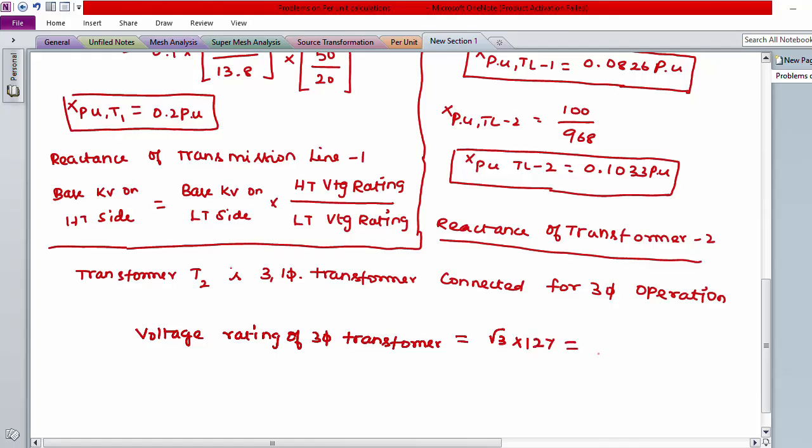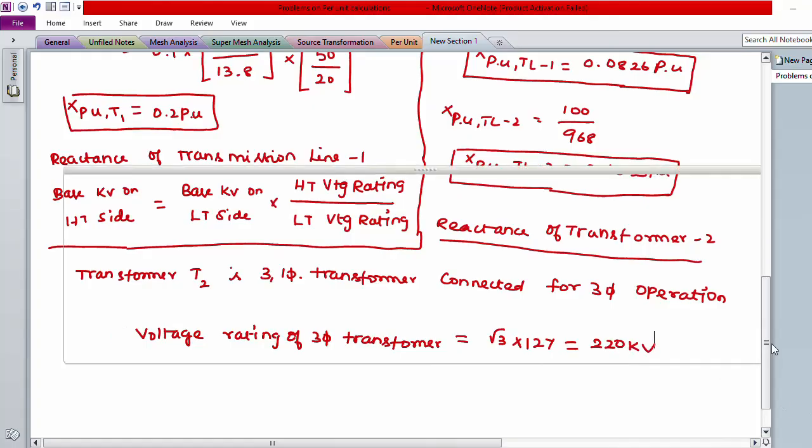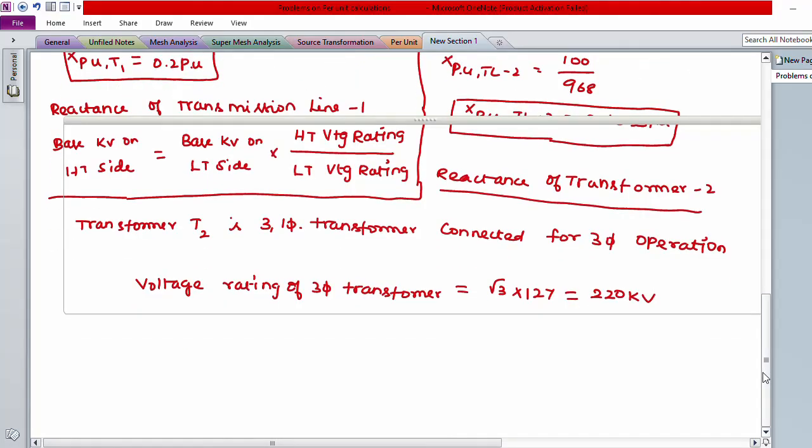So we have to multiply by root 3 on the star side. So it becomes approximately equal to 220 kilovolt. Now by using this value we can calculate the per unit reactance of the transformer.